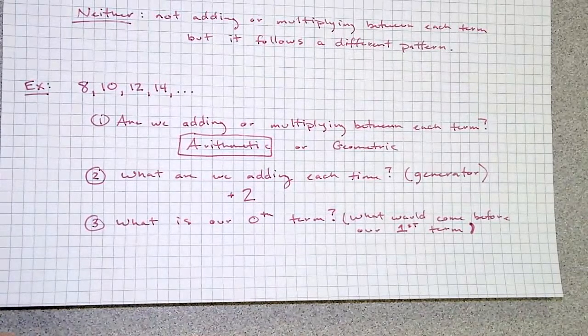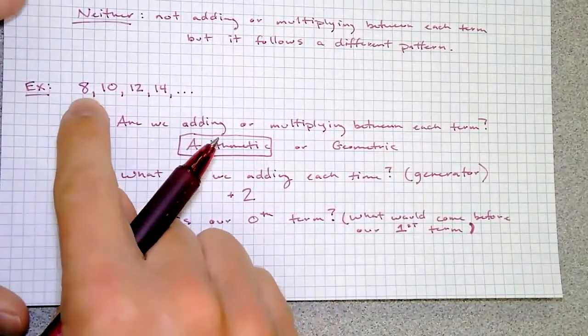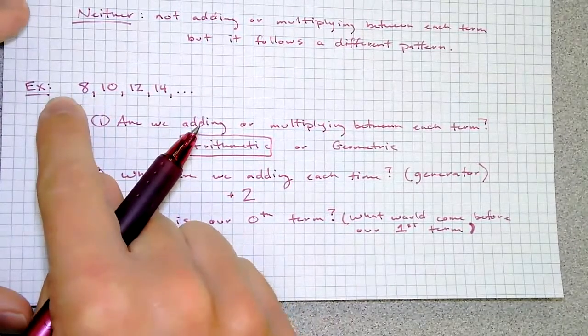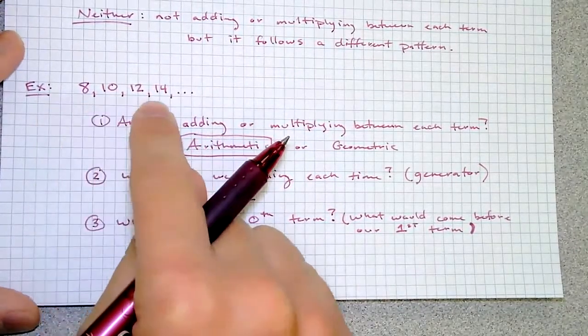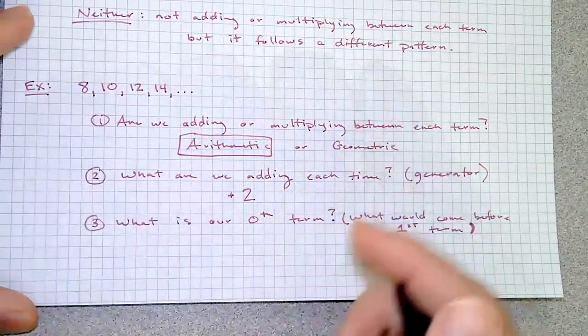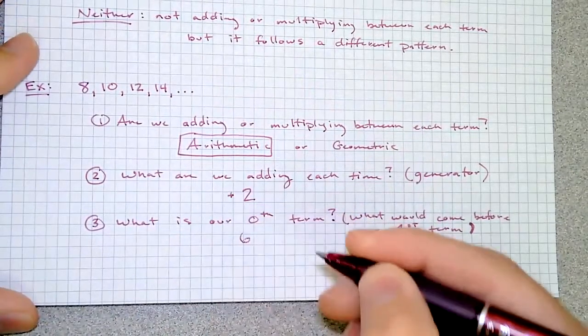Then the last part would be we have to find the 0th term, and this can get a little tricky. But it's important to note that 8 is our first term, so we have to think about what would come before 8. So if we're adding 2 going this way, we'd have to subtract 2 to go back 1, making our 0th term 6 in this case.